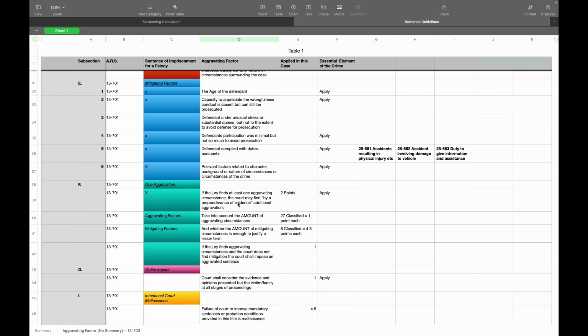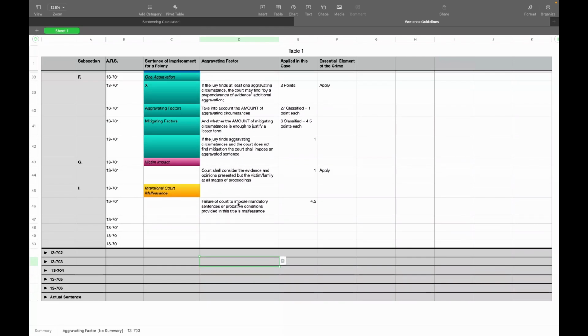And the baseline number that judges are supposed to use for getting their sentences is the presumptive sentence as stipulated in 702. 702 gives you the number that judges are supposed to be using to begin determining the sentences after aggravation and mitigation has been presented to a jury.